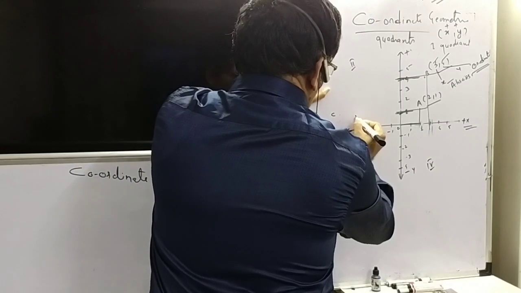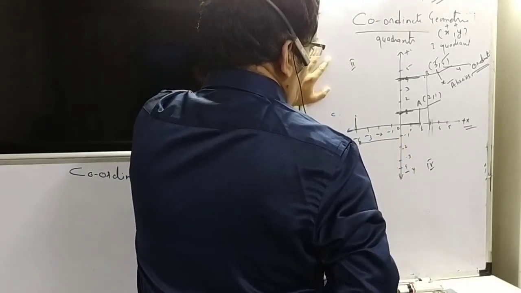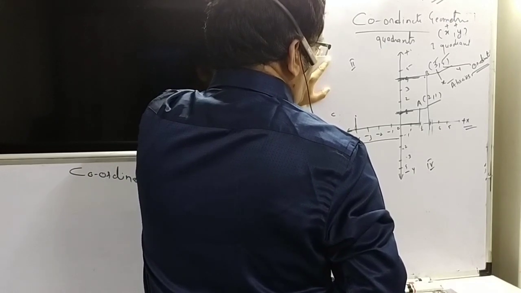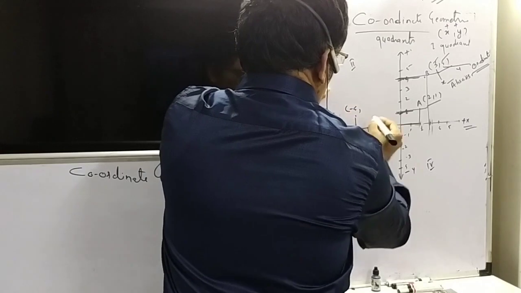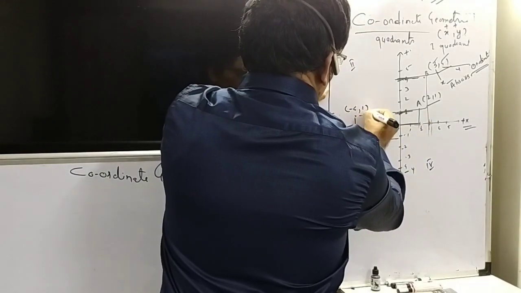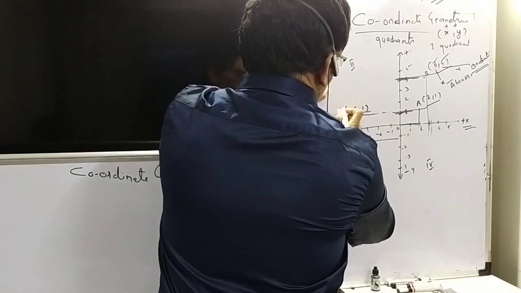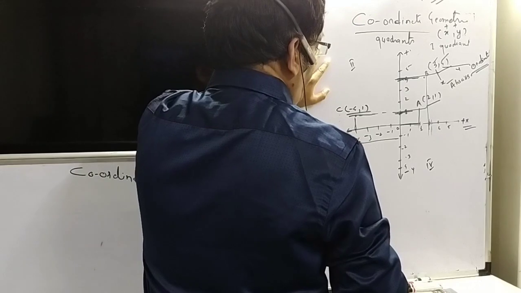Now for C, we have to move four places to the left on the x-axis, which means it is -4, and one place upward. So the coordinates of C are (-4, 1).